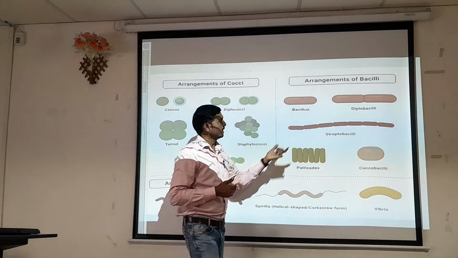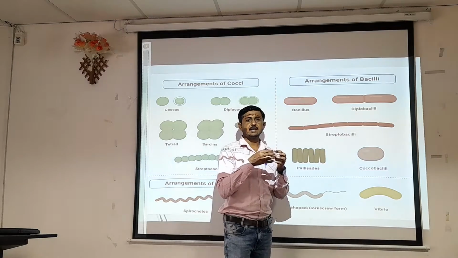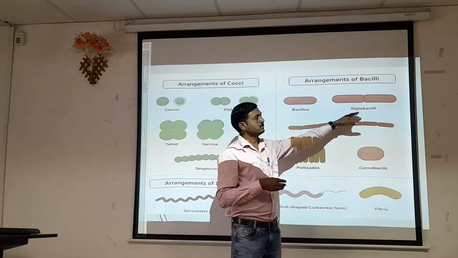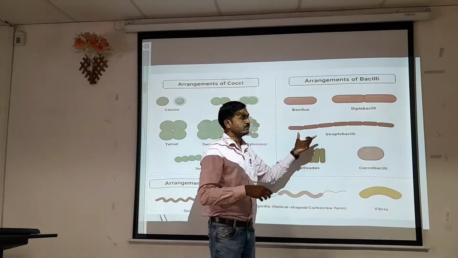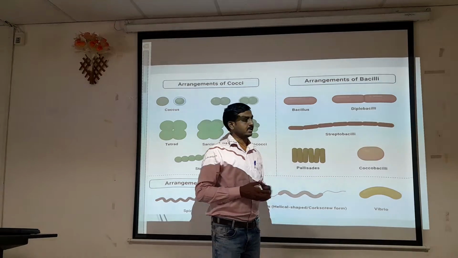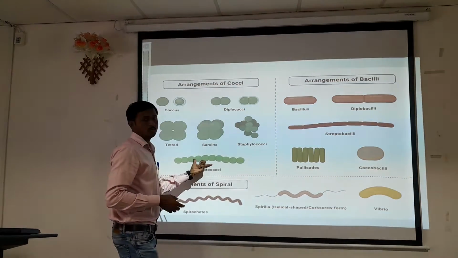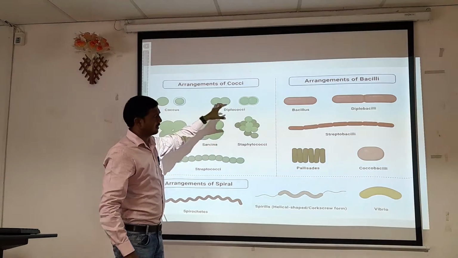Bacilli are rod in shape. A single one is a bacillus. If two bacilli are attached to one another, they are called diplobacilli. If they are arranged in the form of a chain, they are called streptobacilli.